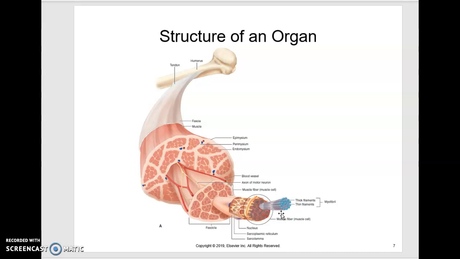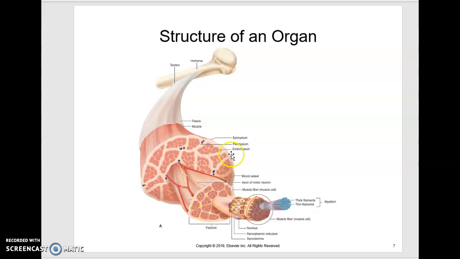Those fibrils are then surrounded by the sarcolemma, which is really just another name for the cell membrane. Then that is formed into fascicles that we can see here.